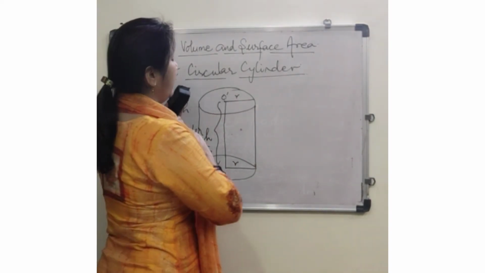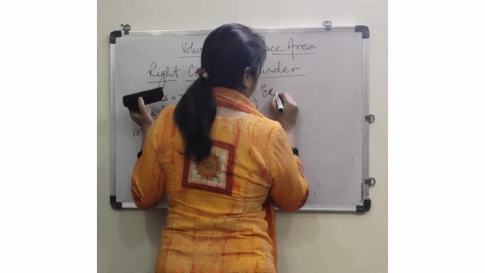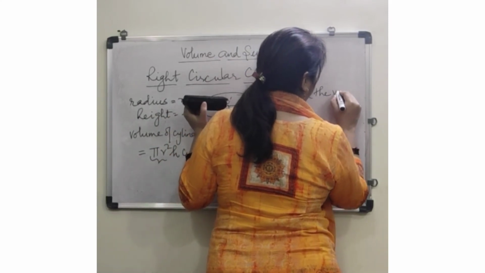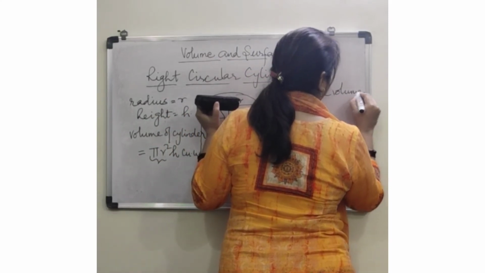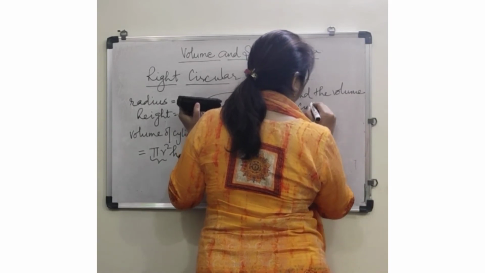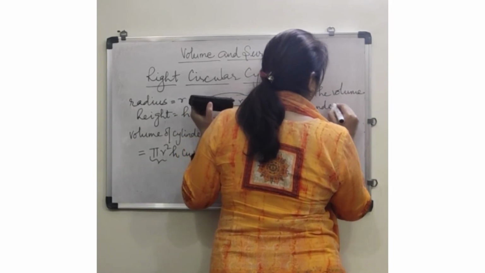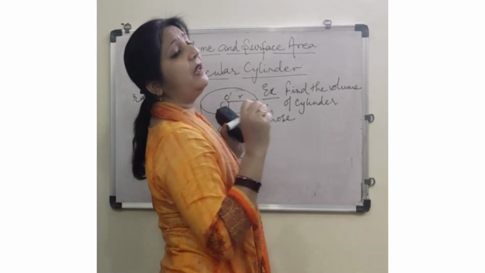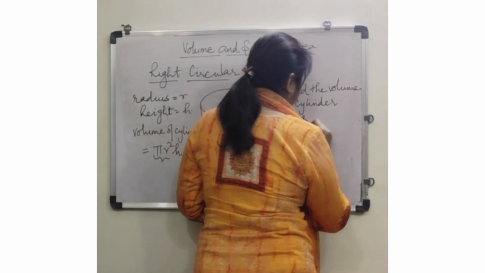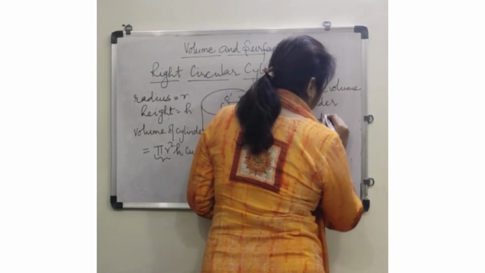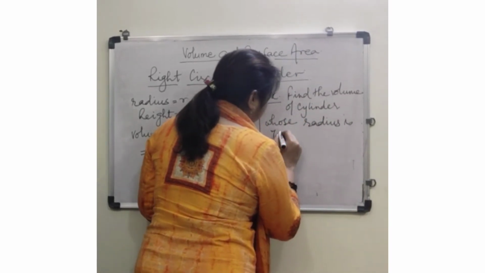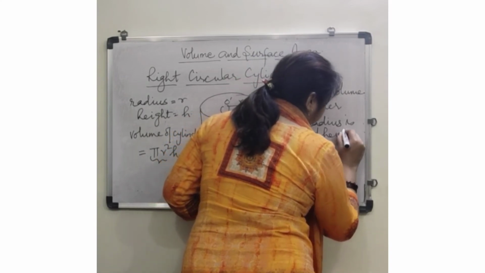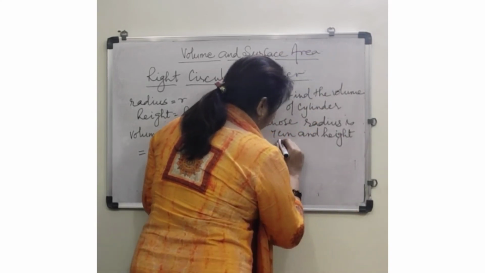So let's take one example. Find the volume of a cylinder whose radius is, again children, radius and height should be in the same unit, whose radius is 7 centimeter and height is 10 centimeter.